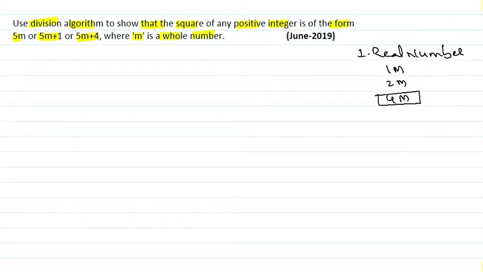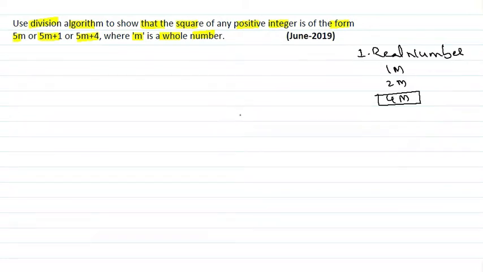Here, use the division algorithm. We need to show that the square of any positive integer is of the form 5m, 5m plus 1, 5m plus 4, where m is a whole number.